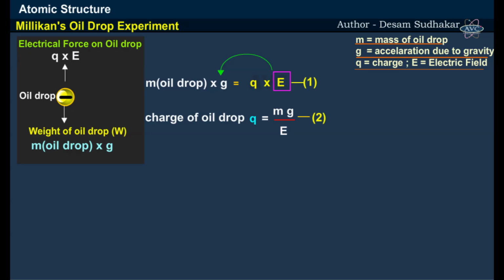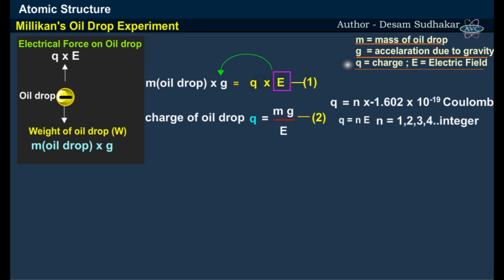Millikan found out that the electrical charge on oil droplets was equal to integral multiple values of negative 1.602 times 10 to the power of minus 19 coulombs, that is Q equals Ne. Here Q refers to the charge, while N is an integer which takes values 1 to 4.